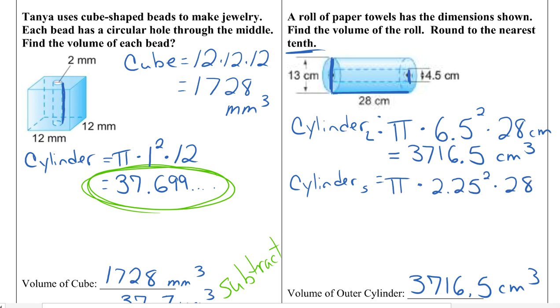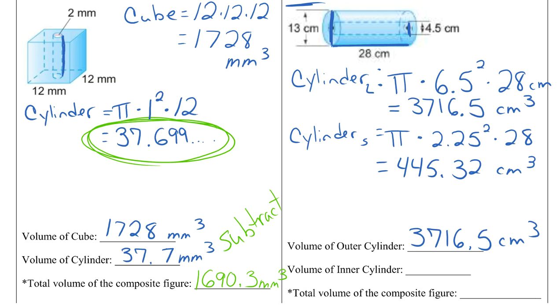The height should be the exact same since it spans the entire length of the paper towel roll. We plug into our original formula, and we get 445.3 if we're rounding to the nearest tenth.